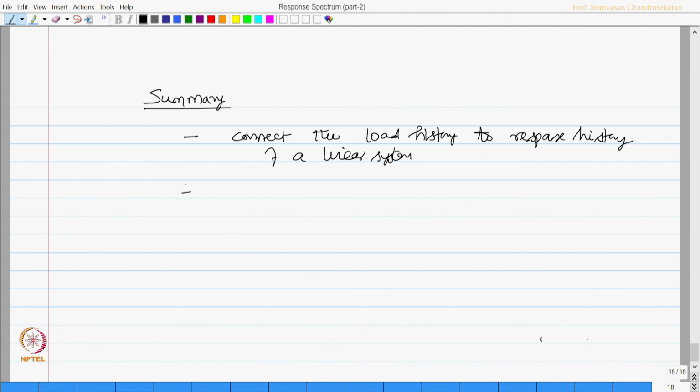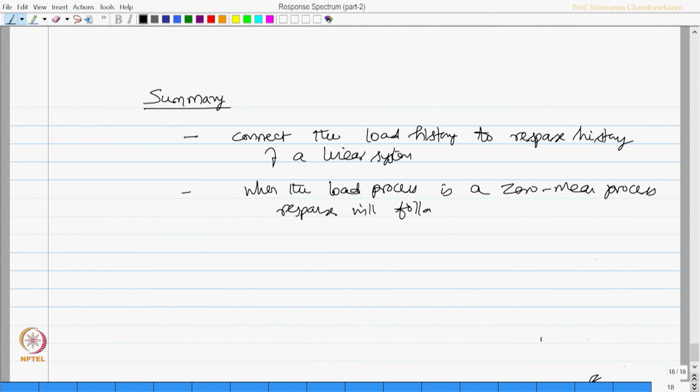We also said when the load process is a zero mean process, the response will follow the same nature.